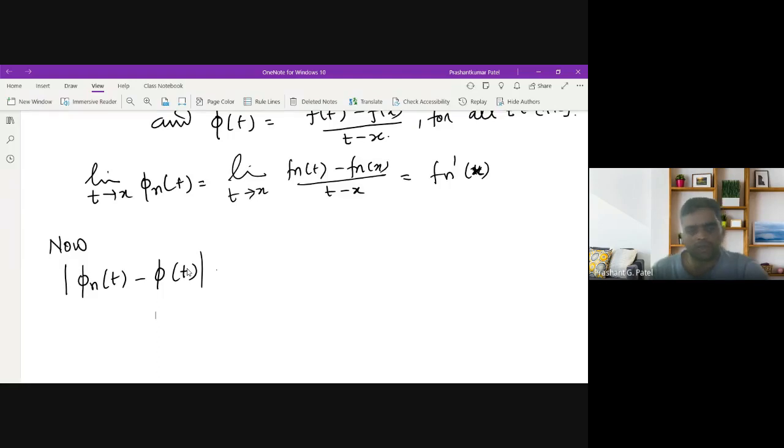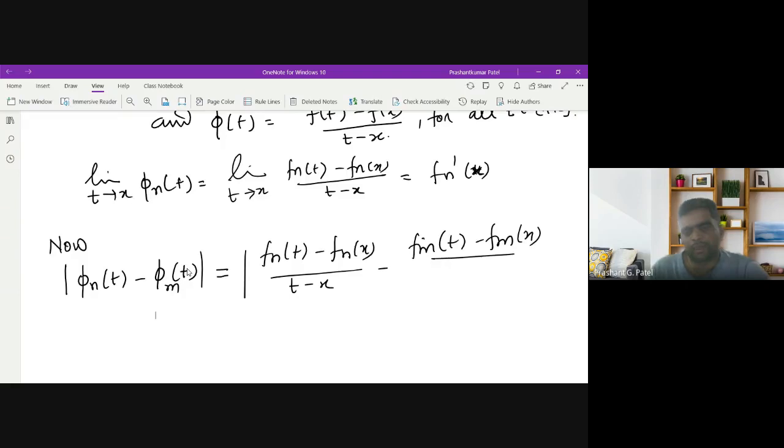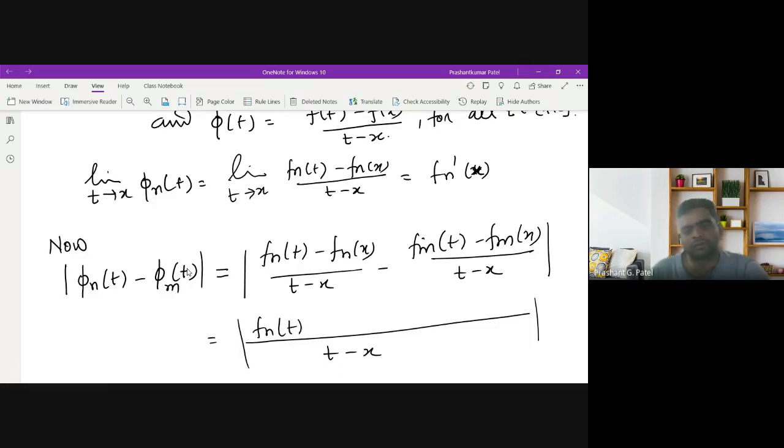As per Fn(t) minus Fn(x) upon t minus x, minus Fm(t) minus Fm(x) upon t minus x, with t minus x as the LCM, in the numerator we have Fn(t) minus Fn(x) minus Fm(t) plus Fm(x).